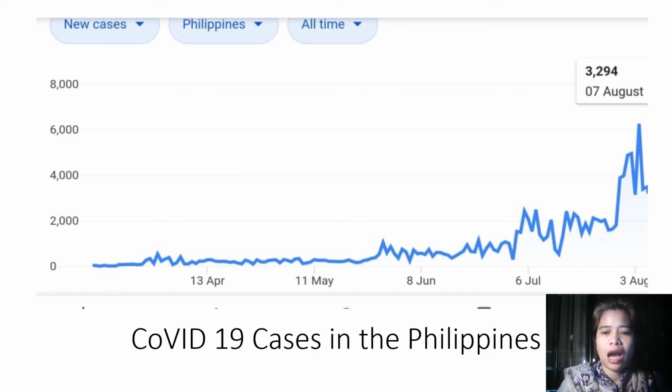And are we really preventing, are we really flattening the curve? And what are we doing to contribute to the flattening of the curve? And how can we contribute even more to the flattening of the curve of COVID-19?